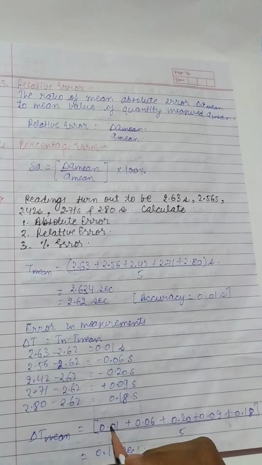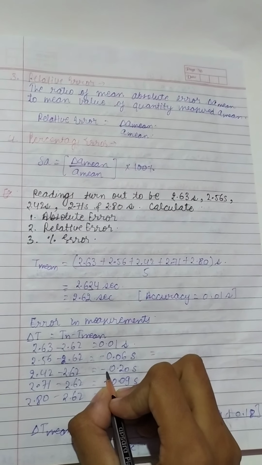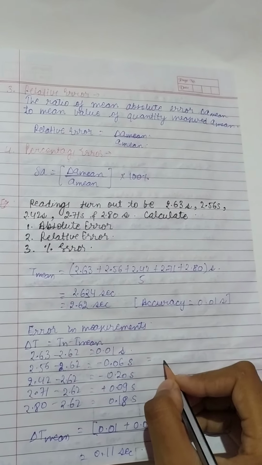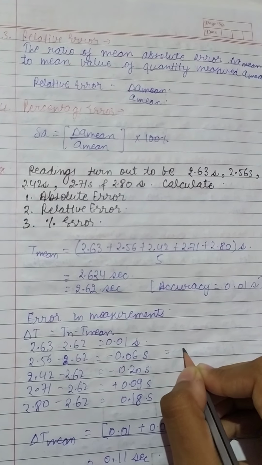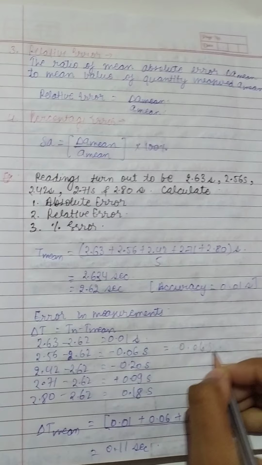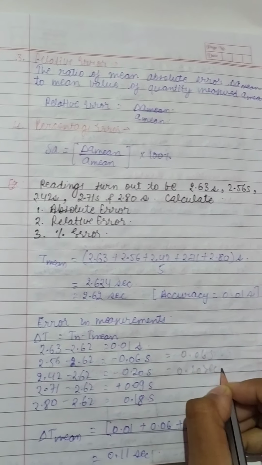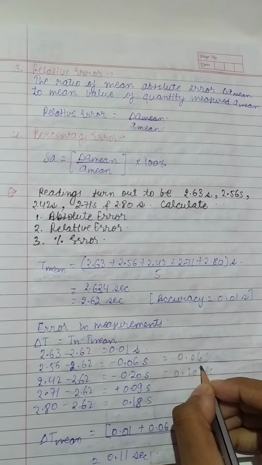If we are talking about absolute values, we take all the positive values. This value is negative, this value is also negative, so we take the positive values: 0.06 seconds, and in the next reading also we take 0.20 seconds. Why? Because error is always positive.